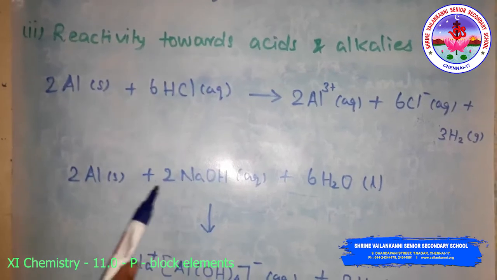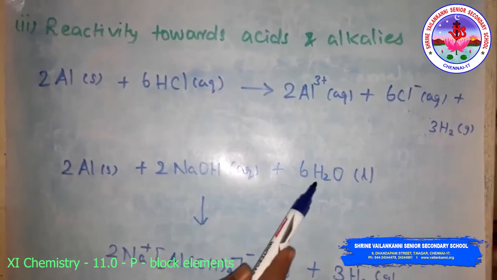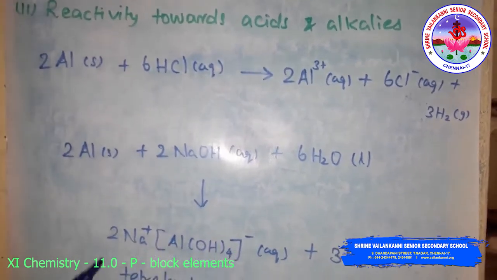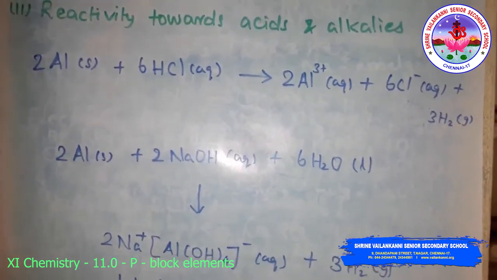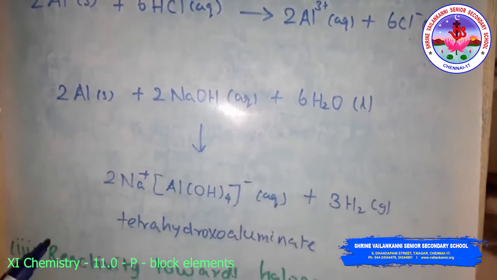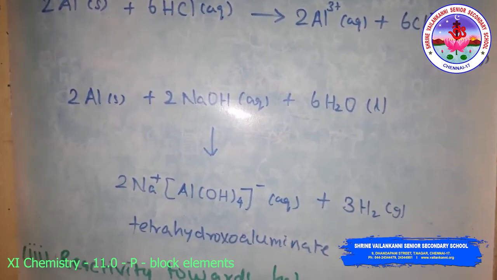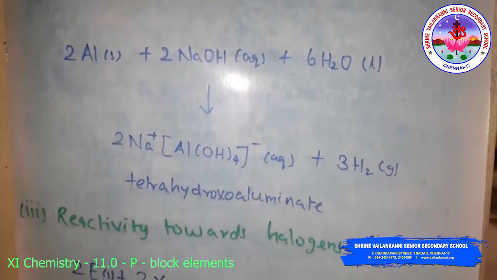So here look at this reaction. Aluminum reacts with a base in aqueous form to form the tetrahydroxoaluminate. This is a complex, and hydrogen gas evolves. Okay. Then reactivity towards the halogens.